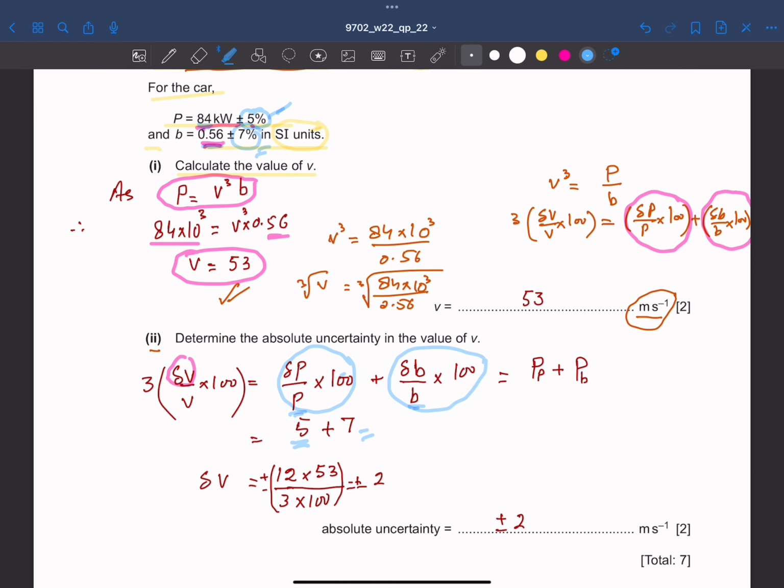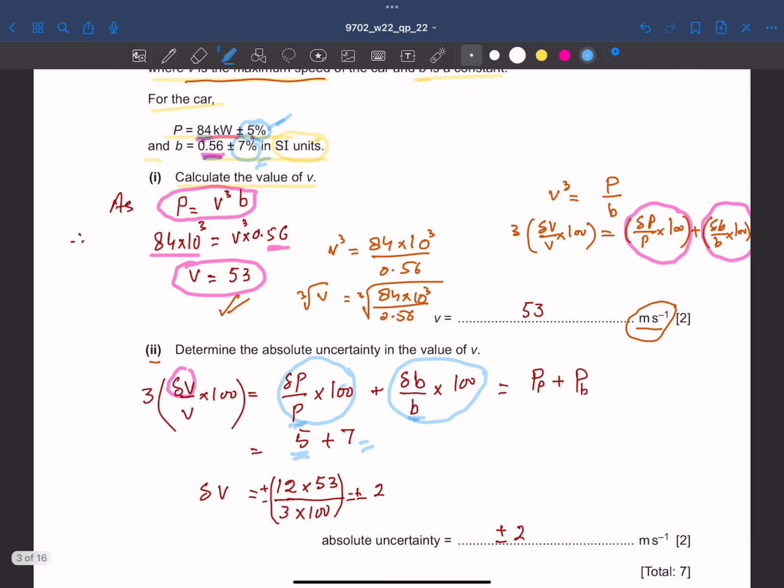5 here. And what is the uncertainty in B? 7. You can recall also that whenever you have a ratio or a product, the formula will remain the same. That is, 3% of V will be equal to percentage of P plus percentage of B. So they have given you these values 5 and 7.